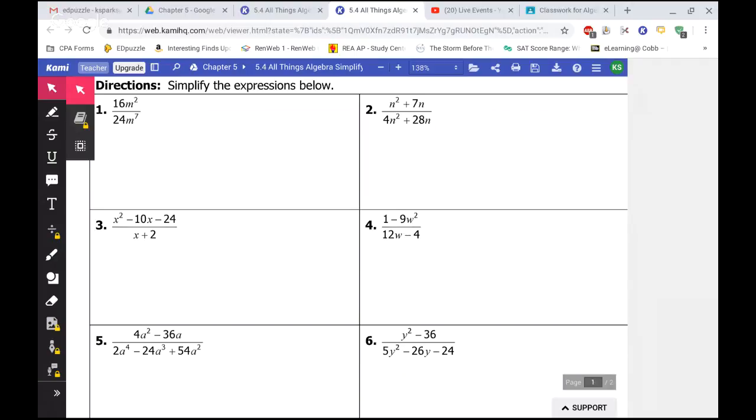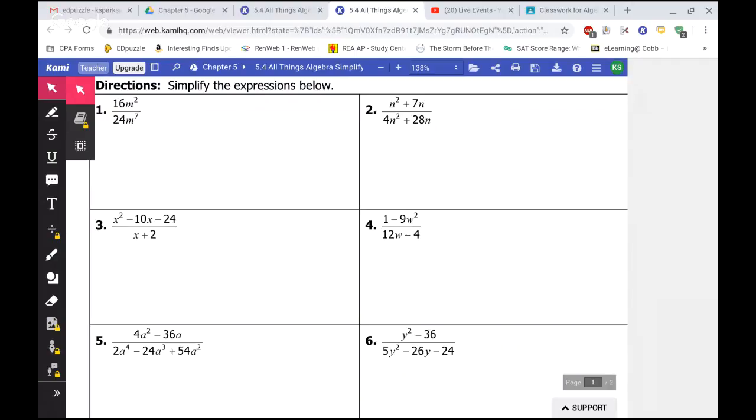Number one is fairly easy, but just to review what we're doing: you can see that 8 goes into both 16 and 24.